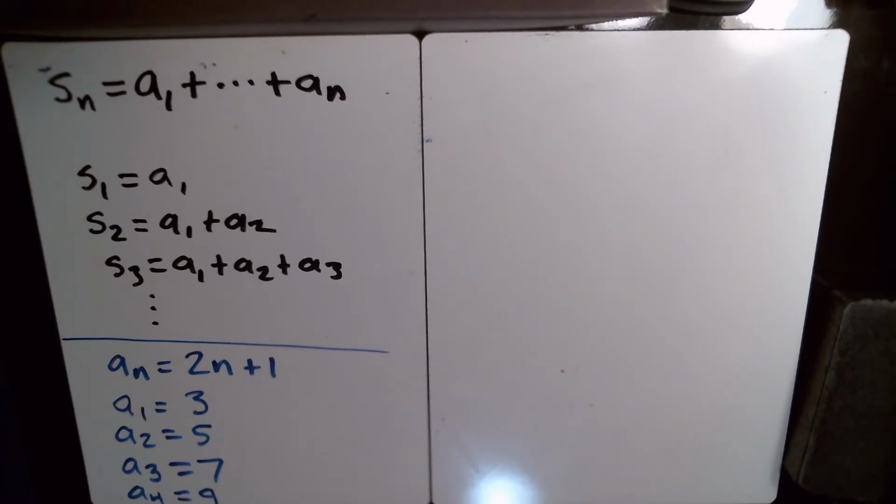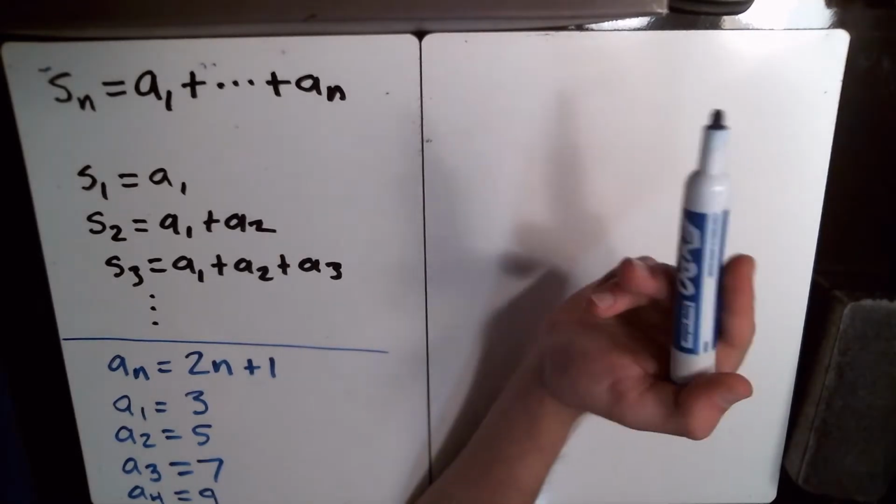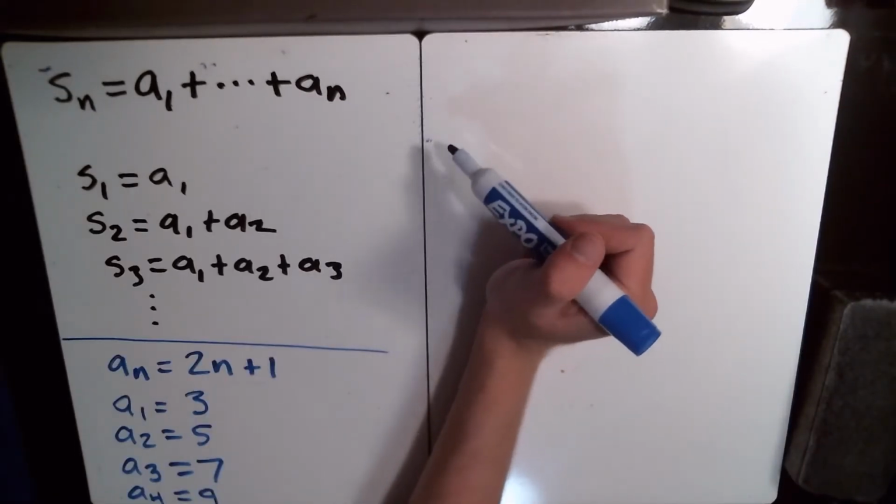So let's look at the sequence of partial sums of this guy. And let's try and find out what S sub n is for any n, okay? And we'll maybe start with one with a finite S sub n.